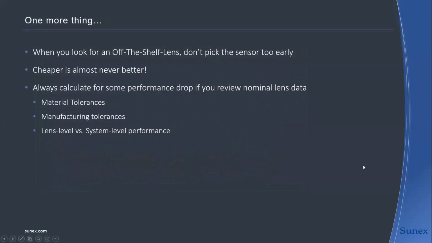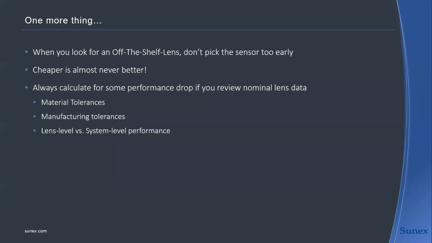There's a couple of other considerations as well, right? What we have seen sometimes is that the sensor part number gets picked very early, and sometimes too early. Because if you lock yourself in with a sensor, you might not have the complete freedom of choosing a good lens.